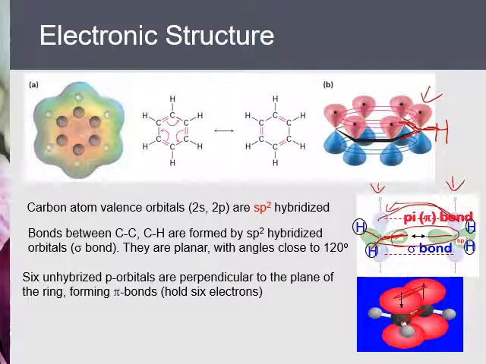And these 6 unhybridized p orbitals are perpendicular to the plane of the ring and form pi bonds. Note that these 6 p orbitals are all connected. They don't just form a double bond localized here, but also here, here, everywhere. And this is called a conjugated system.